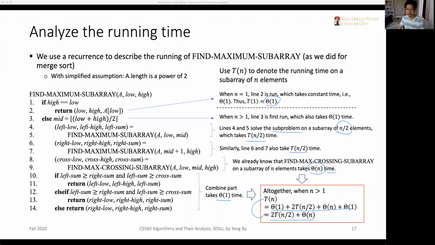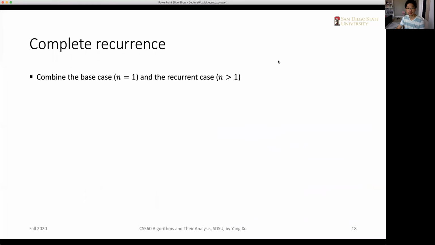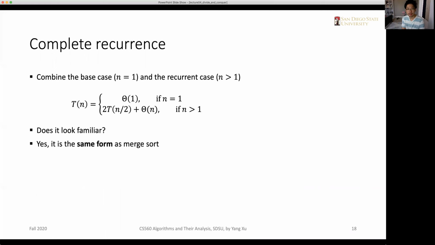And that is the form of the recurrence equation. So it may look familiar to you guys, right? The complete recurrence looks like this, right? The base case is constant and the recurrent case is 2 times T of n over 2 plus big theta of n. So it is exactly the same form as the merge sort.